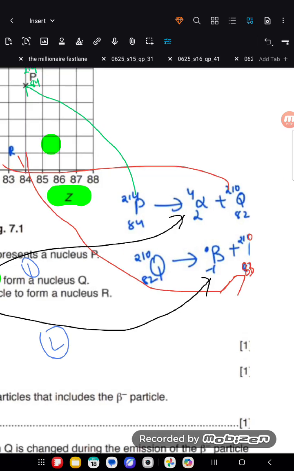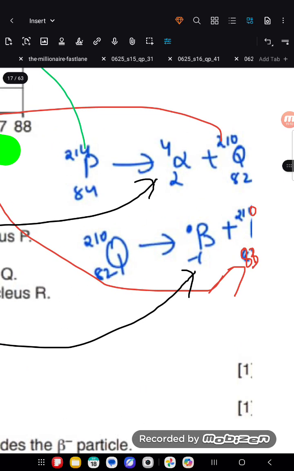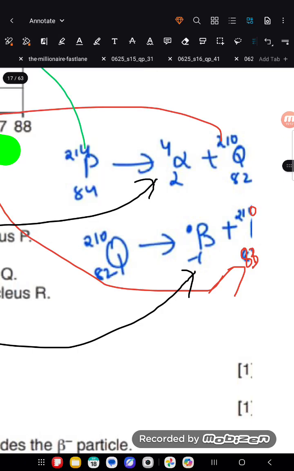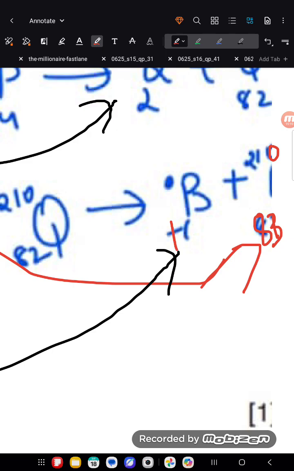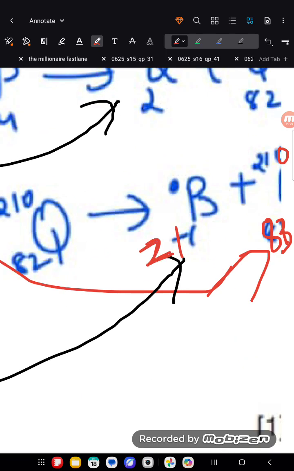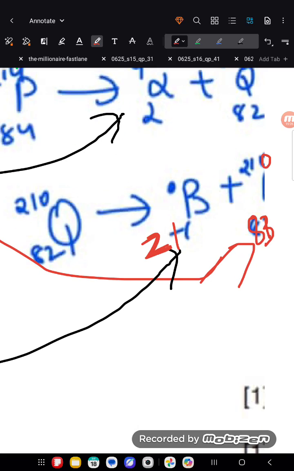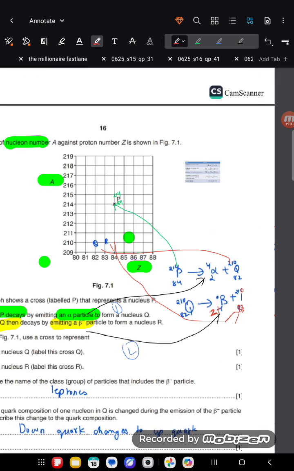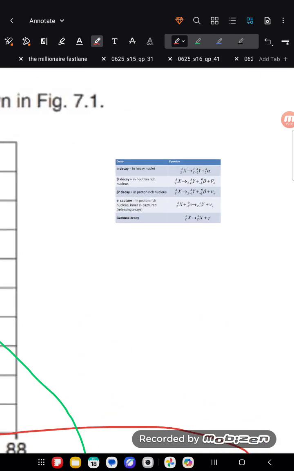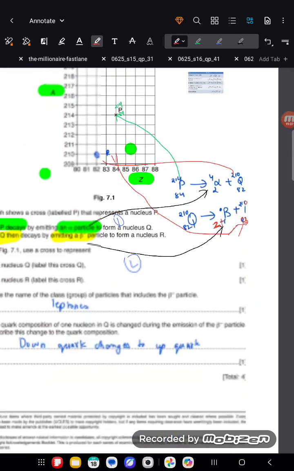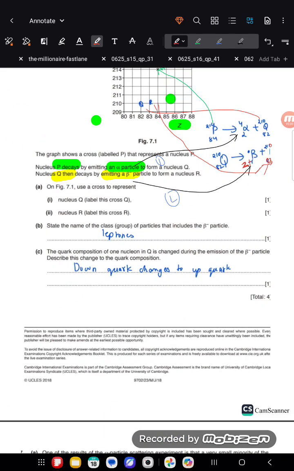Upper number will be the same. This one will be plus 1, Z plus 1. Okay, so it will be 83. So you have to be careful, is it beta minus decay or beta plus decay, they are asking, so you have to be careful.